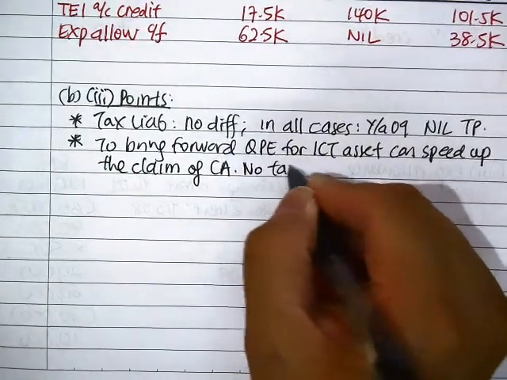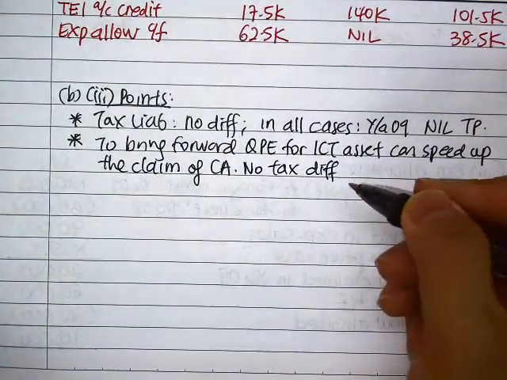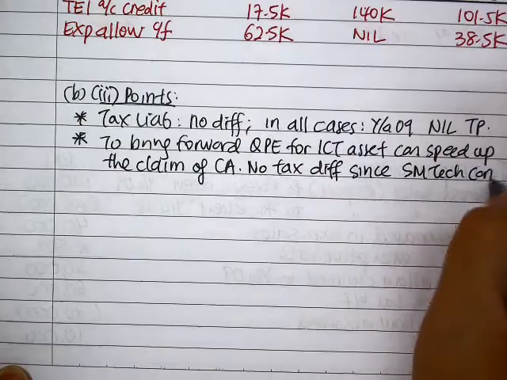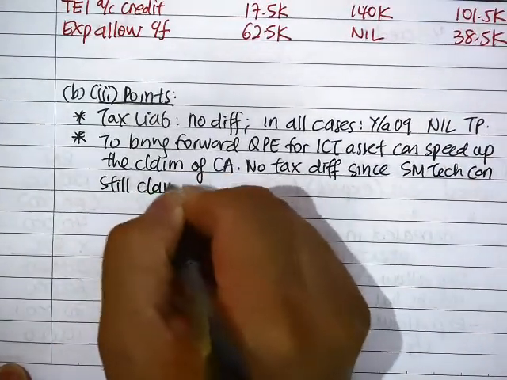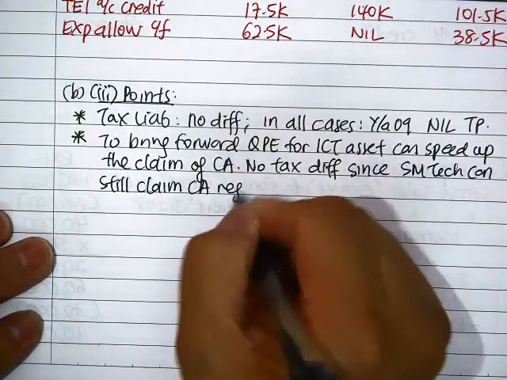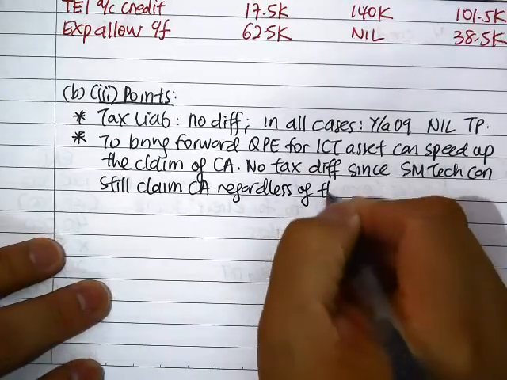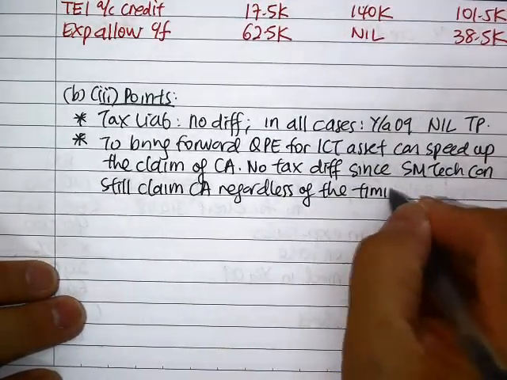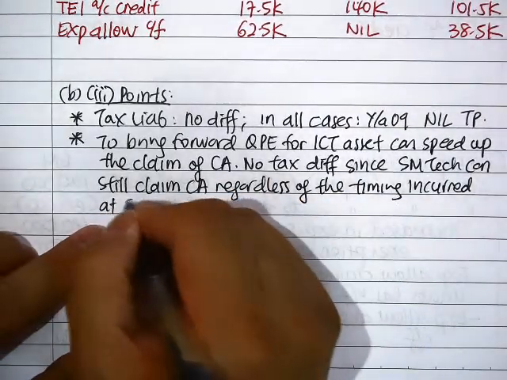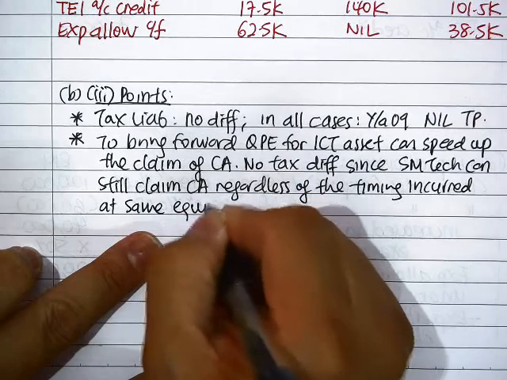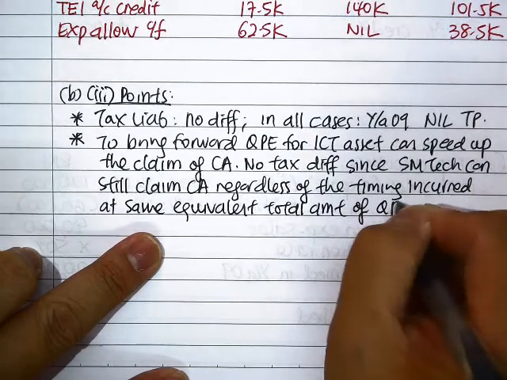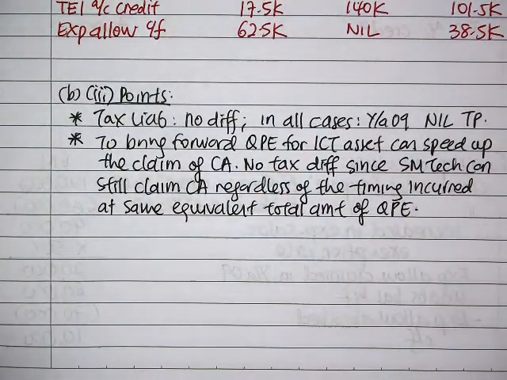But again, there will be no tax difference, since SM tax can still claim the CA regardless of the timing incurred, at the same equivalent total amount of qualifying plant expenditure.